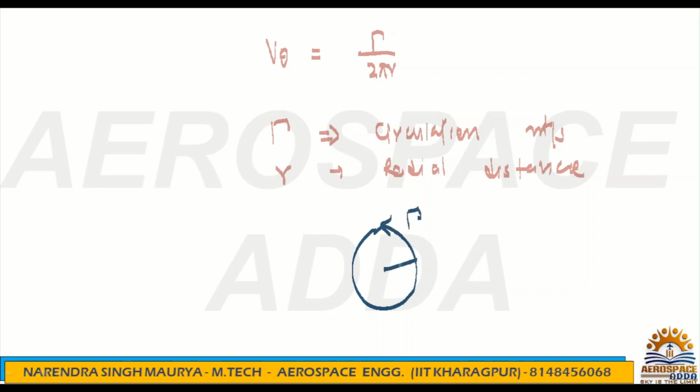If the radial distance is r, then what is the tangential velocity v theta? It was proved in my previous lecture: it is circulation upon 2 pi r.